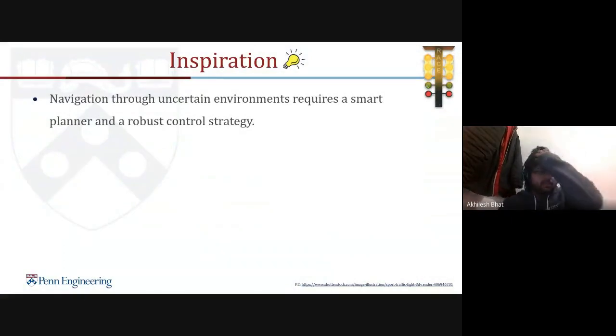The main inspiration behind these races was that when you want to navigate through uncertain environments, you need a good planning strategy as well as a good control strategy in order to track that plan that you've formulated.